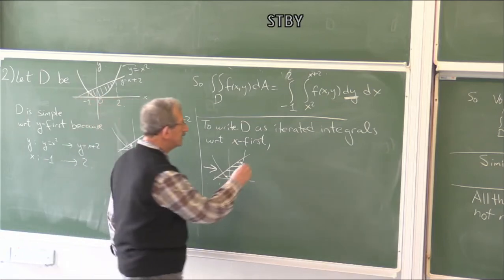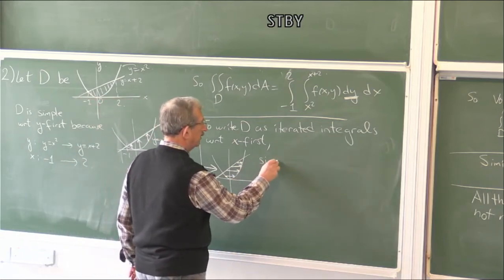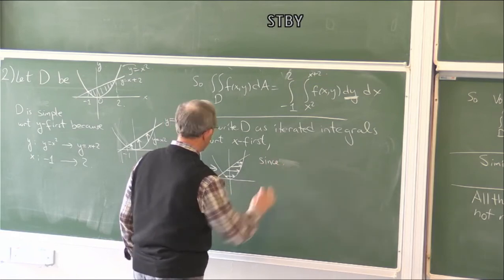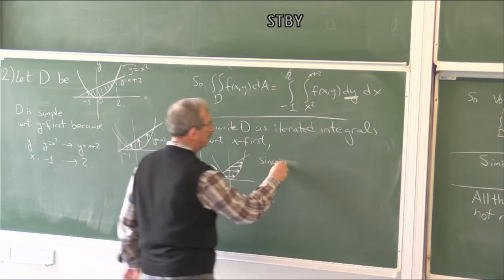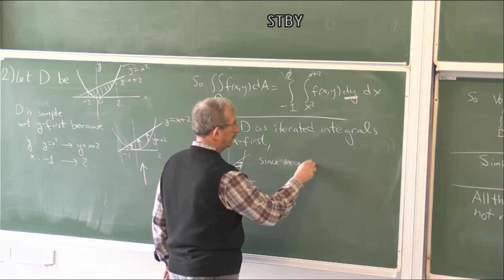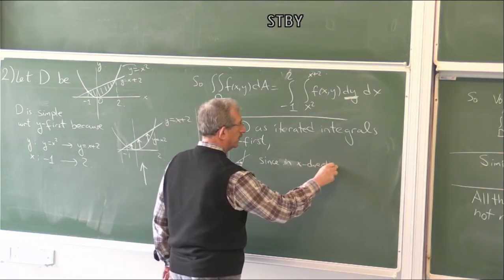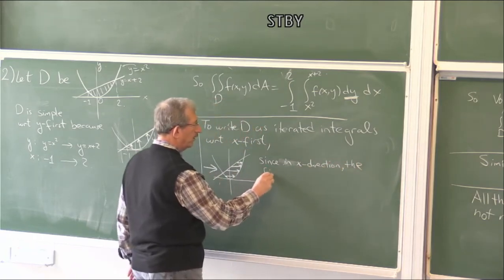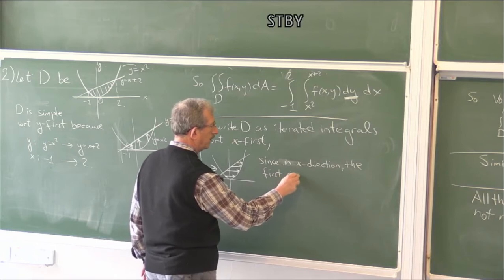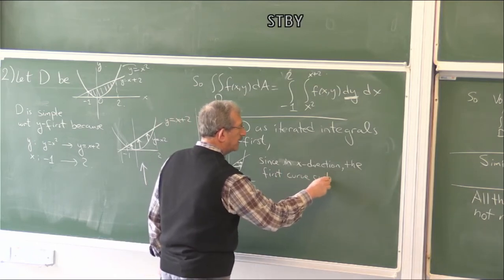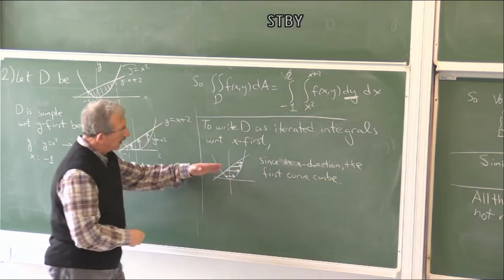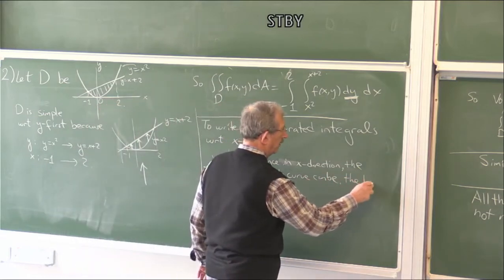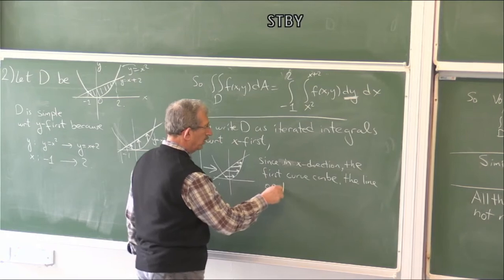So, in the x direction, the first curve can be the line or the parabola.